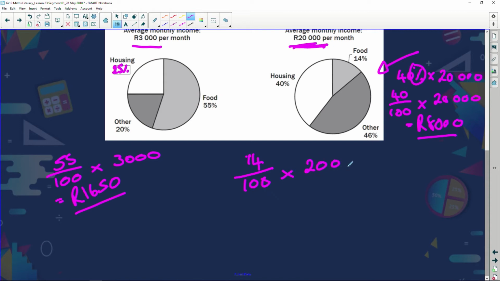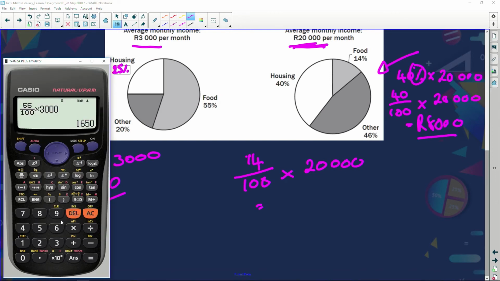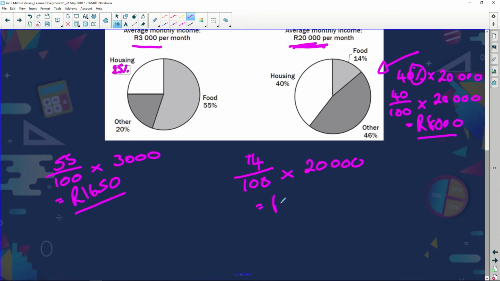Now this household only spends 14% of their salary on food, but they've got a bigger salary. It's 20,000. So now we're going to try and calculate 14% or 14 over 100, and we're going to multiply that by 20,000. Okay, and our answer is 2,800 Rand. Whoa, folks, let's look at this.